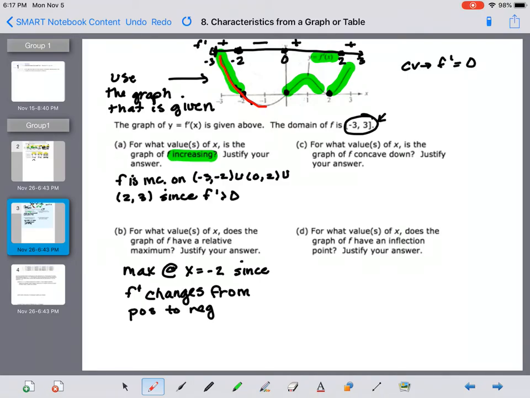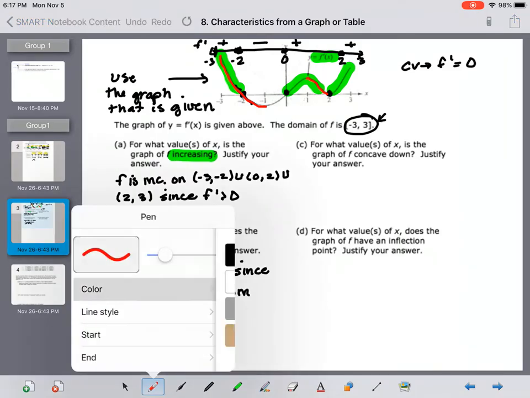Then we're going to increase till we get to the maximum, and then decrease again till we get to that minimum. Okay, so those are the two sections where I'm decreasing, where my second derivative is going to be less than 0, which is what our justification is for concave down anyway.